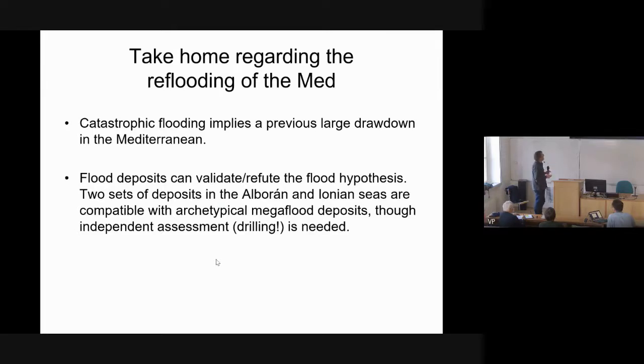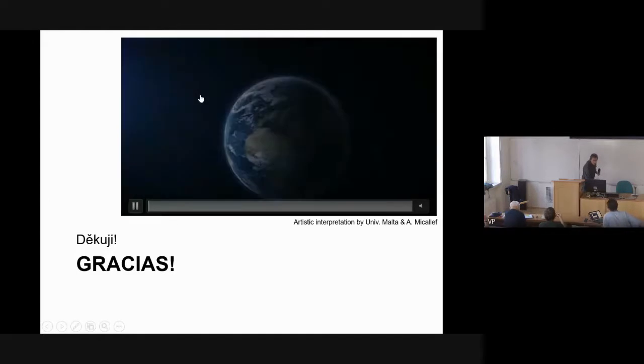This is what we are aiming at. Because we have at least found these two sets of deposits in the Alboran and Ionian seas that are compatible with typical megaflood deposits, and that's why we need to independently assess this with drilling. That's it. I just leave you with another movie.